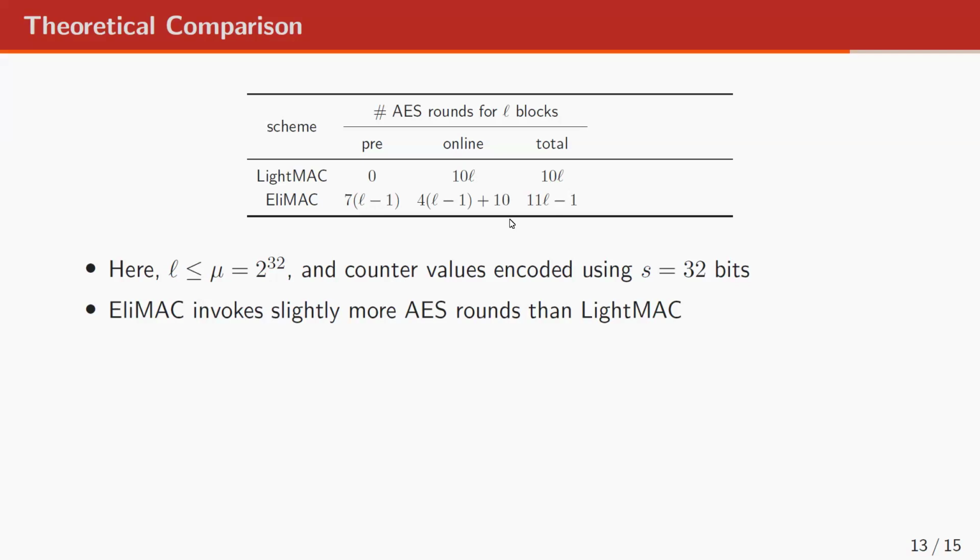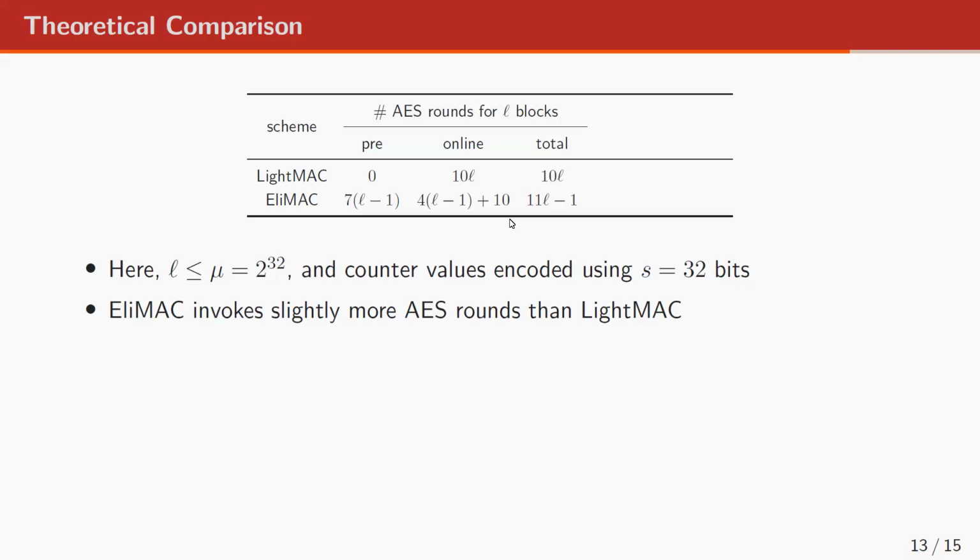In EliMac, you would have 7 times (L minus 1), because you have one block that's dealt with separately, as pre-computation possibly 4 times (L minus 1) for the online part, and then 10 for the protection. So that's 11L minus 1 AES rounds. So that's the comparison between LightMac and EliMac.